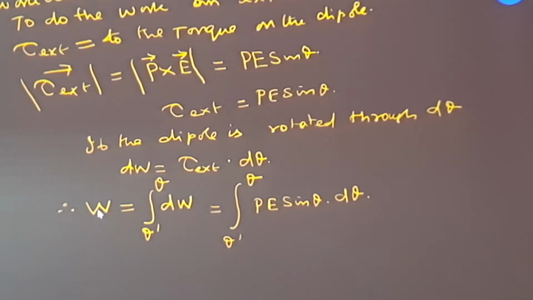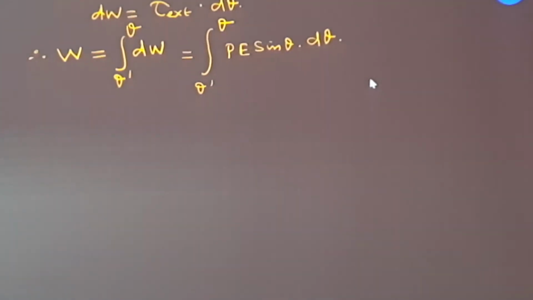So the work done in rotating the dipole from the initial position theta dash to the final position theta is W, which is equal to the integral from theta dash to theta of PE sin theta d theta. Now you integrate this equation and get the final answer.